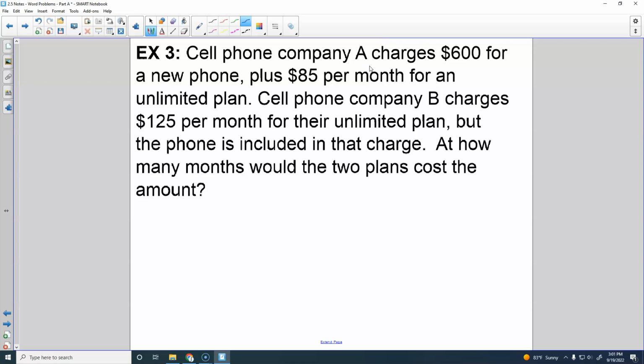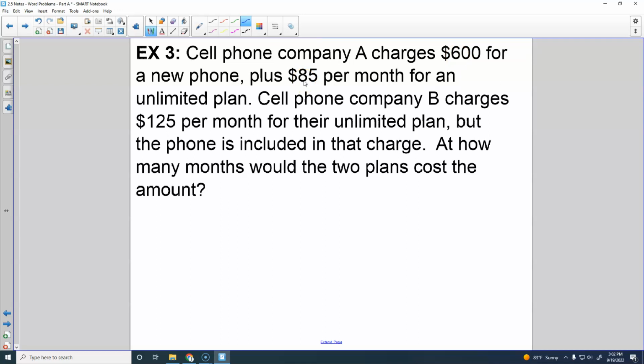But there's a $40 difference between how much these plans cost each month. So what we want to know is when would it be equal here? So let's write, first, for all of these, we need to know what the variable is. What do we not know? What are we trying to figure out? Well, we know cost. We know the cost for the phone. We know the cost per month. So, cost we know.